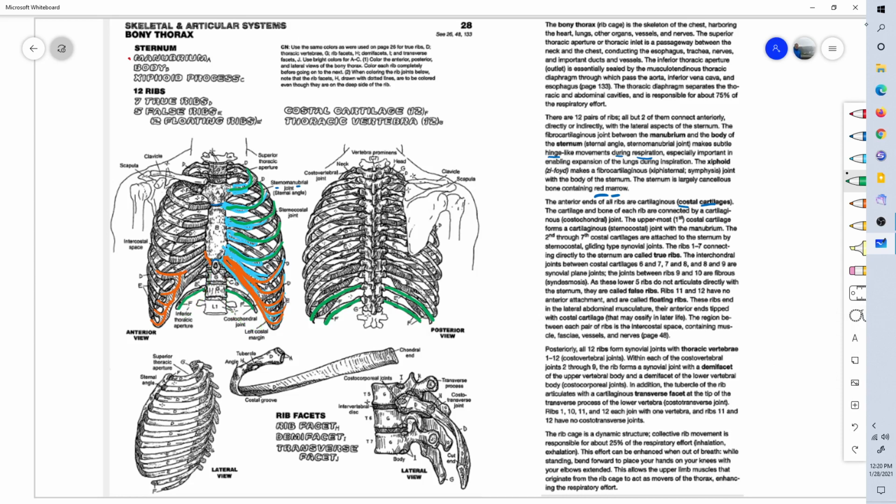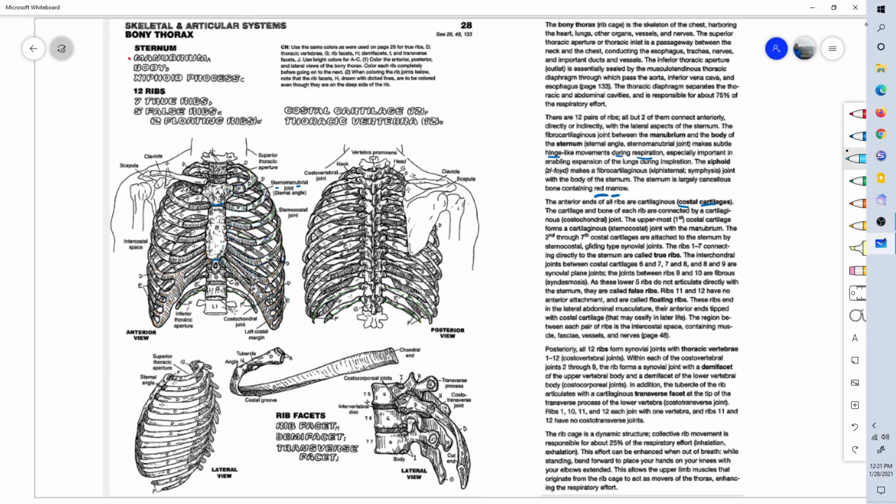So you've got your true ribs, your first 5. Ribs 6 through 10 are called false ribs. And then 11 and 12 are called floating ribs.